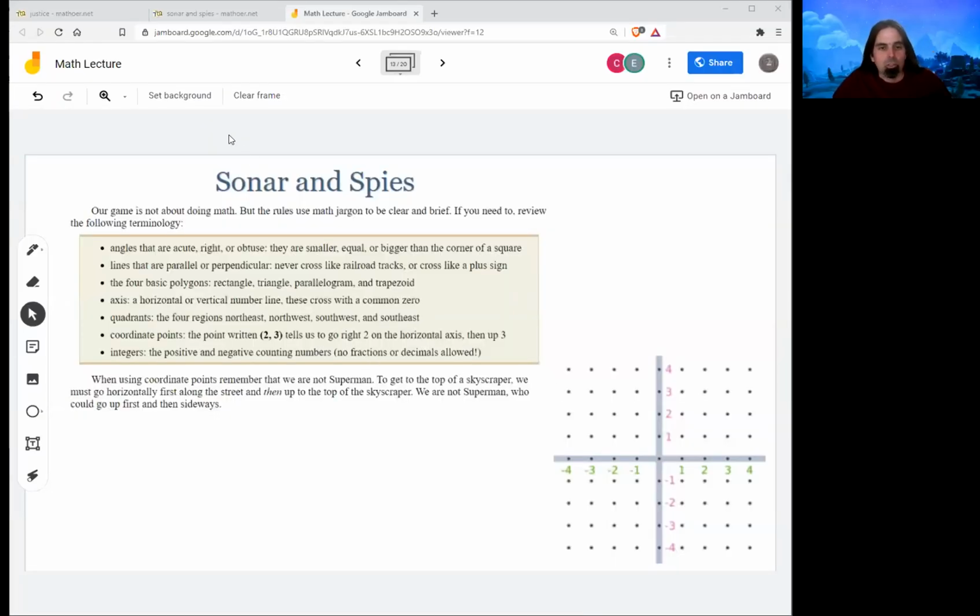Now for something completely different, we're going to do a game. This is sort of like the game of Battleship, but we are reviewing the little details of making coordinate graphs that you need for the GED in a way that's hopefully enough, but not too much, and kind of fun.